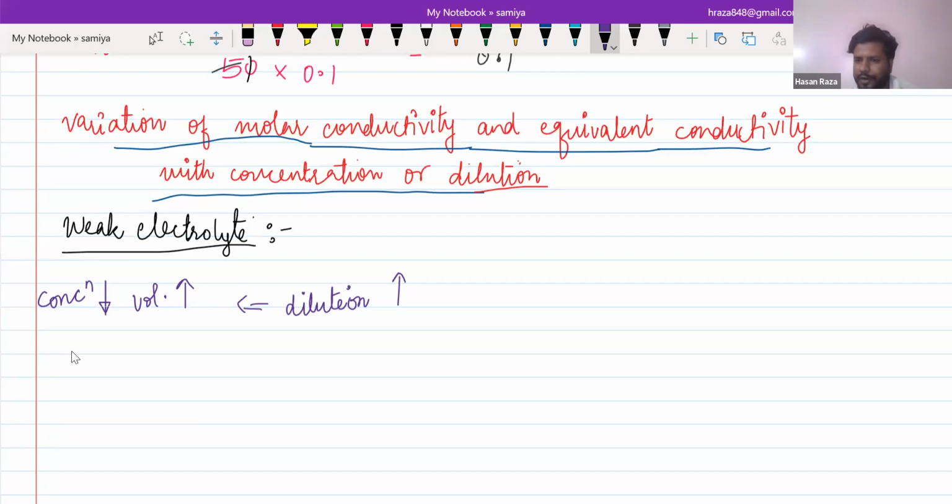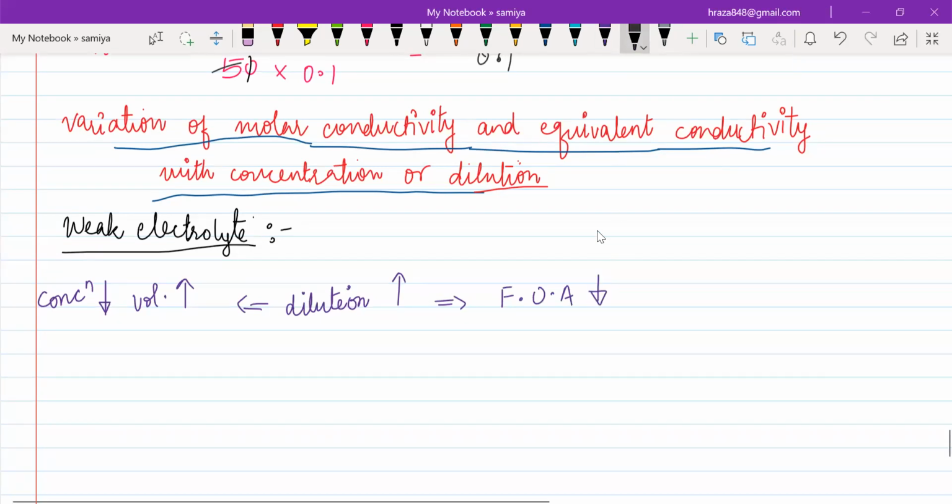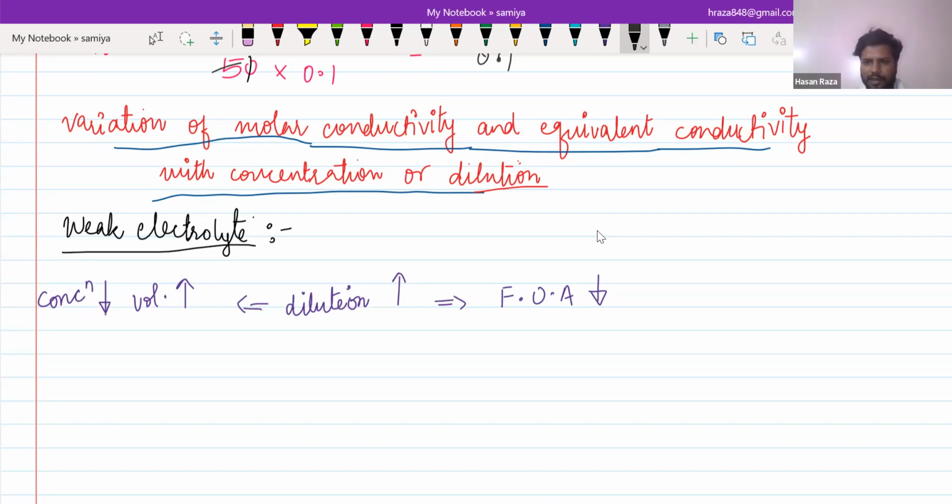If it is concentrated, it will be diluted. Yes or no? Yes. And if there is more volume, that means force of attraction between particles decreases. Just listen to me carefully. If the volume of solution will increase, the distance between particles will increase. That means force of attraction will decrease.